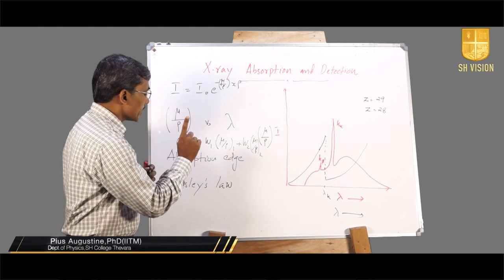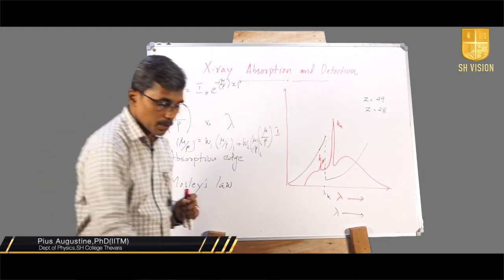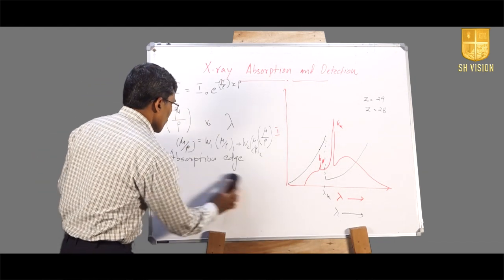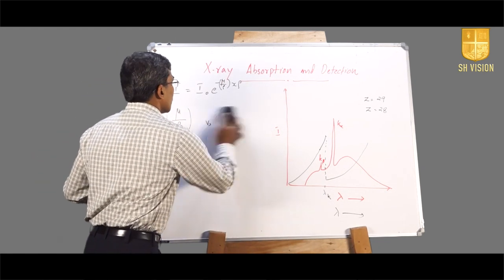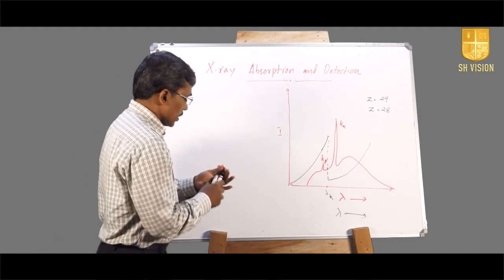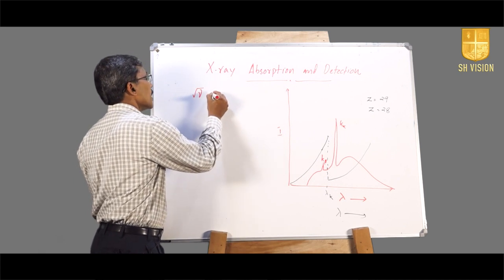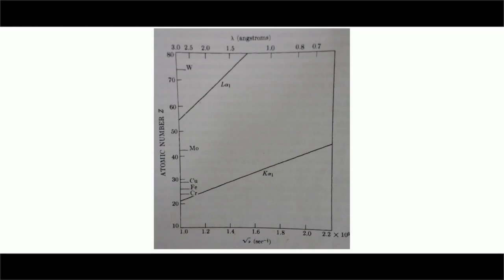While analyzing through some method, we will be able to understand which is a suitable filter foil. For getting the correct filter foil, we have to go through Moseley's law. In Moseley's law, we have seen that the square root of the frequency of the characteristic line is directly proportional to the atomic number.